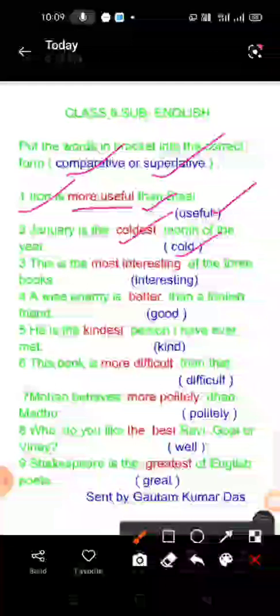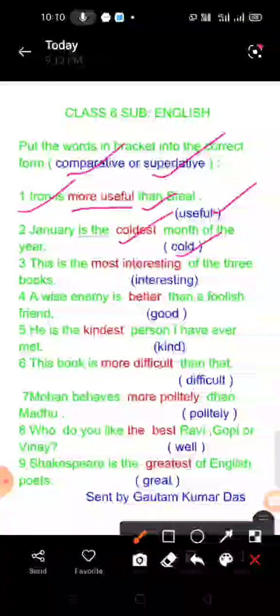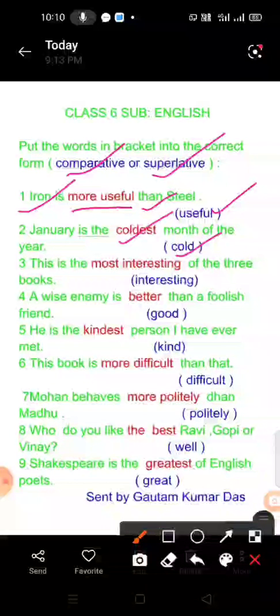Comparative, where we will use comparative? Comparison within the 2. When you see 2, then you have to use comparative degree. Comparative degree is used between 2, and among more than 2, like 3, 4, 5, 6, then you have to choose superlative degree.